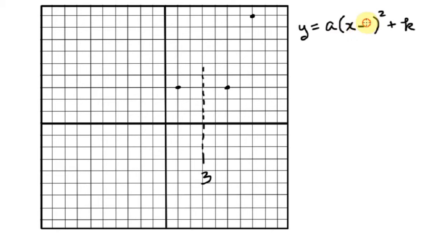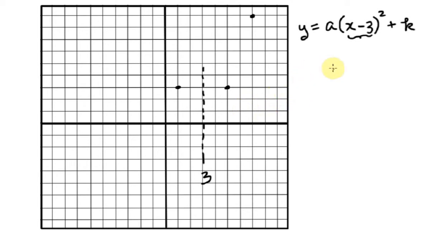So I want to make this x minus 3. So that, again, if I plugged a 3 in to here, I'm going to turn this into 0. So I've got one part of my equation figured out by just drawing the picture and analyzing where the axis of symmetry is. So that's basically step 1.